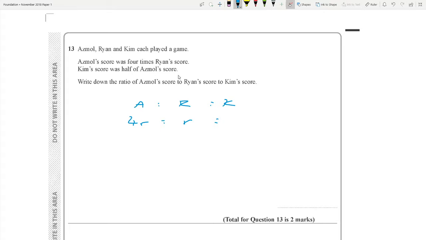Do you want time to make notes for question 13? Are you talking about question 13 or 12? Question 13, okay.